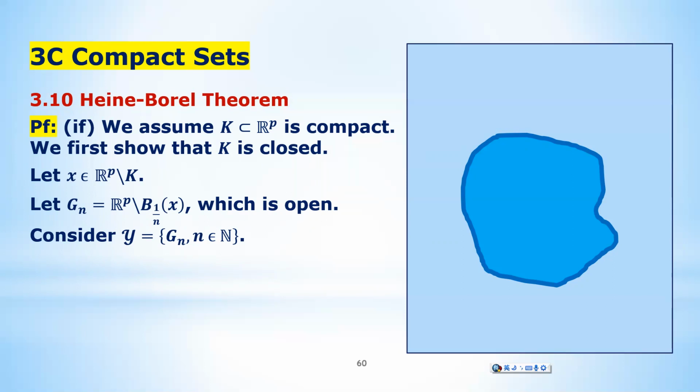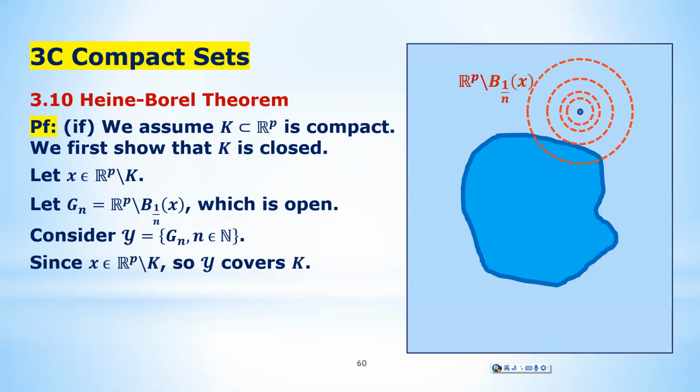By varying n, I get a family of open sets, which we call G_n. So that's the picture: the point is outside, and I choose a small closed ball around it. The small ball itself is not a G_n; the exterior of this small ball forms the G_n.